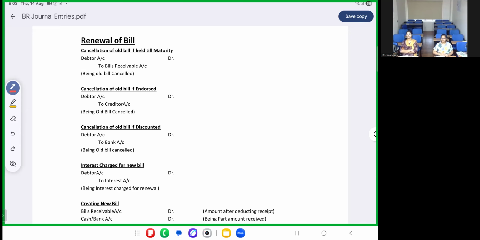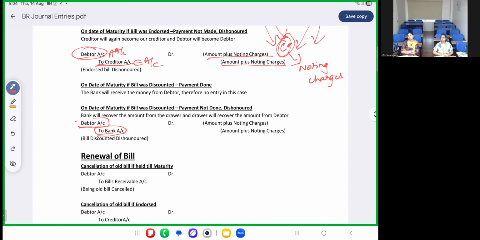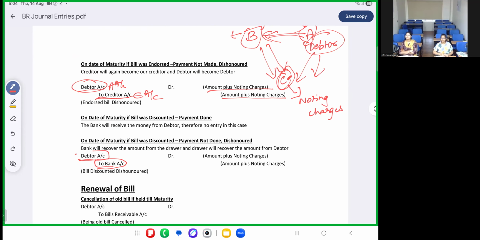Dishonor entry: debtor to bills receivable account. If it is endorsed, the dishonor entry is that the debtor will again become a debtor to the creditor account. What if the discounted bill is dishonored? Debtor to bank account.